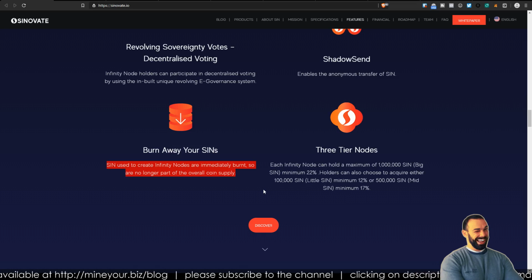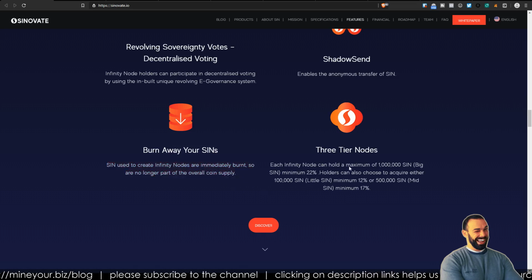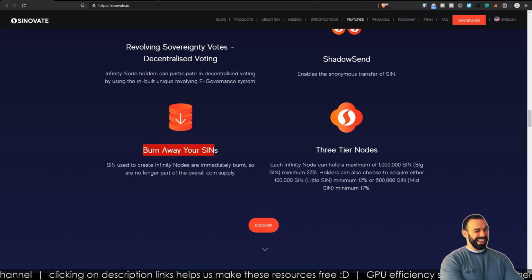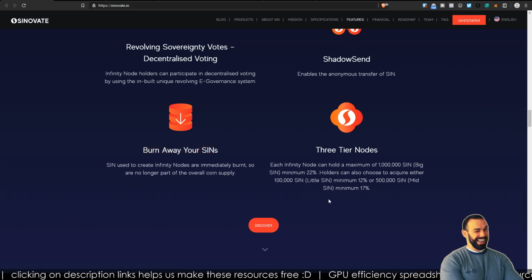I think maybe this is a good thing because there won't be people jumping in and dropping 1 million SIN willy-nilly saying, well, maybe I want a masternode, but maybe I won't use a masternode. No. There was a cost associated, right? There's a real cost in setting up a masternode. It's a non-trivial setup process because you will burn coins to do it. You'll be pinched to do it.